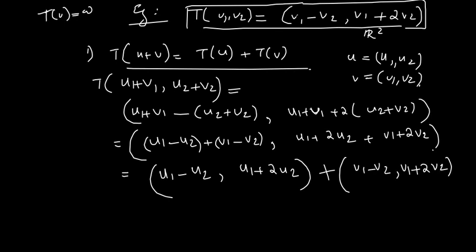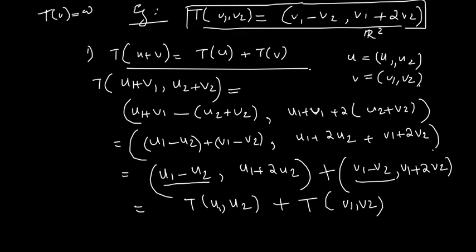So we can consider this vector as a sum of two vectors. Then the first one is T of u, T of u1 u2, plus the second one, T of v1 v2, which is defined as v1 minus v2 comma v1 plus 2v2.